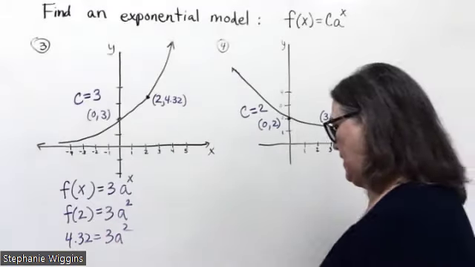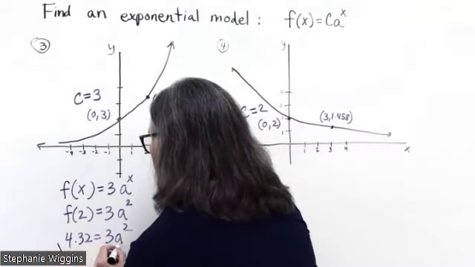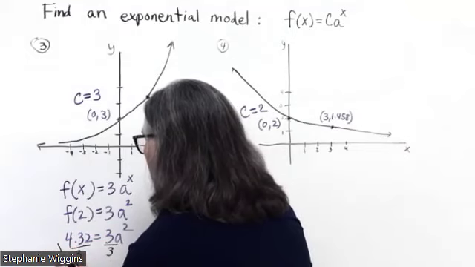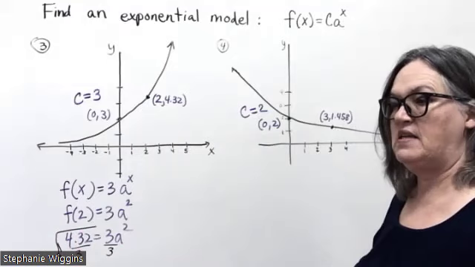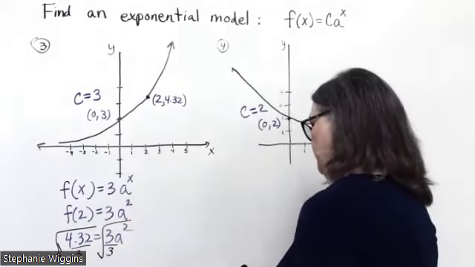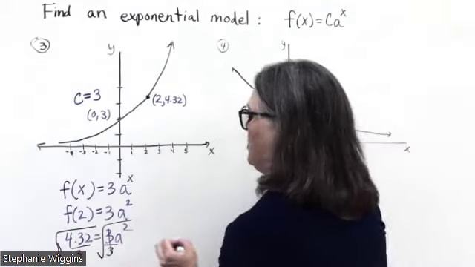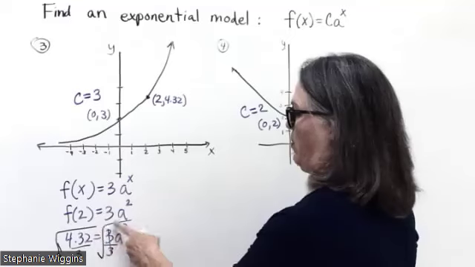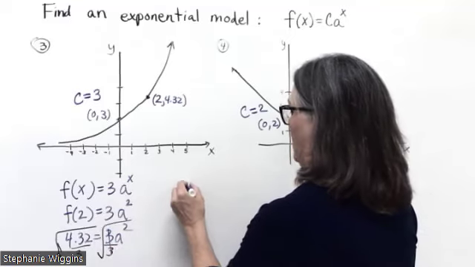And I can do that by taking the square root of both sides. But first I need to divide both sides by 3. And then I'm going to take the square root of both sides. And a has to be positive. So this cancels out. So I have a squared square root. Since a is positive, I know that's just equal to a.